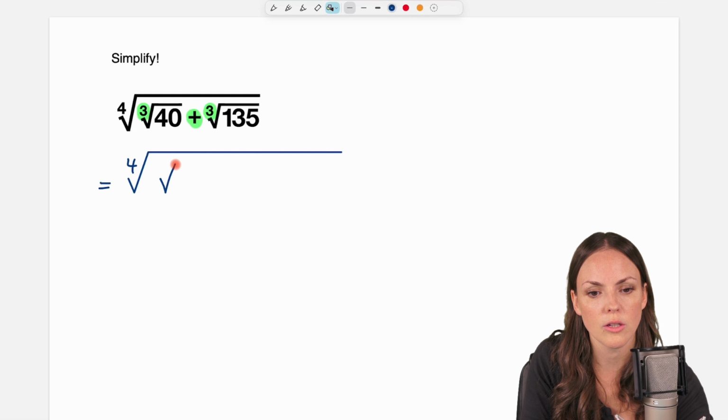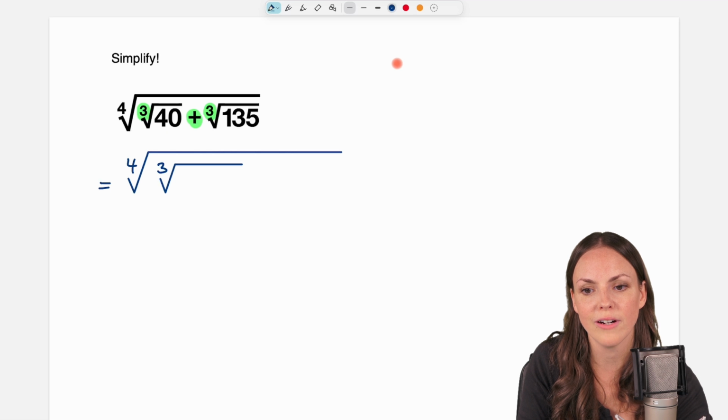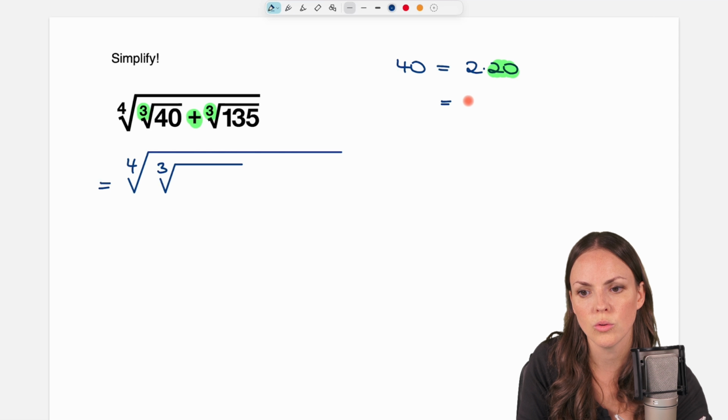So we have the cube root of, and let's see which numbers we can find in the 40. So the 40 can be written as 2 times 20, for example. And which numbers are in the 20 then? So we have 2 times already. And for the 20, we can write it as 2 times 10.